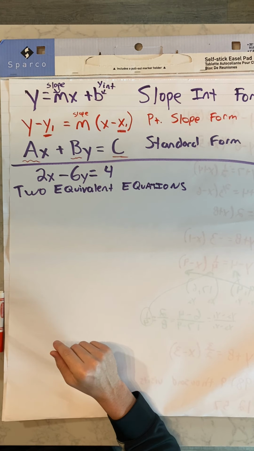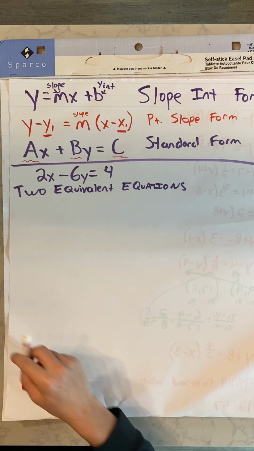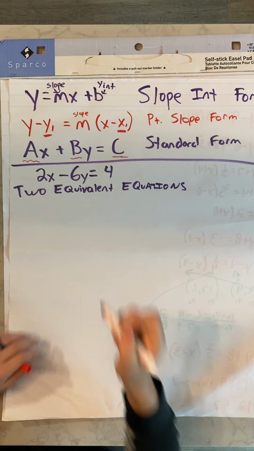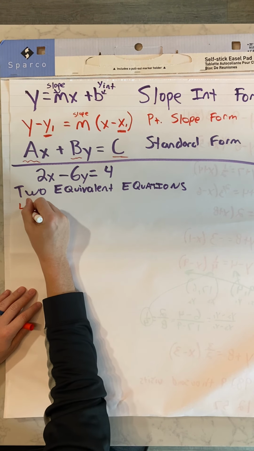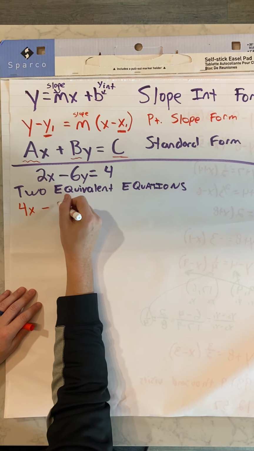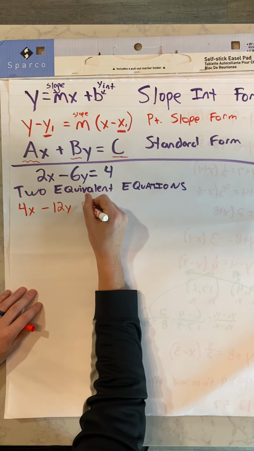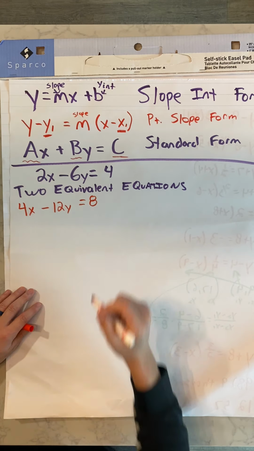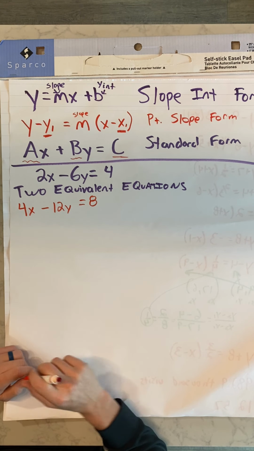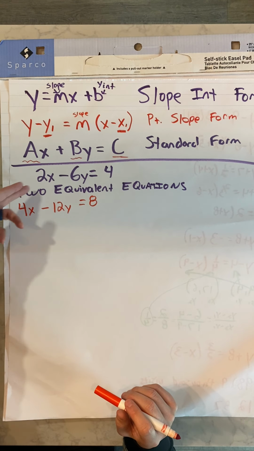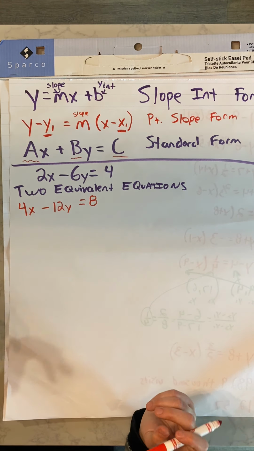So let's say an easy number to multiply by would be 2. If we multiply each term by 2, that's an equivalent equation. So 4x minus 12y equals 8. That is equivalent. Another thing we could do, we could have multiplied by 3 and made it 6x minus 18y equals 12.